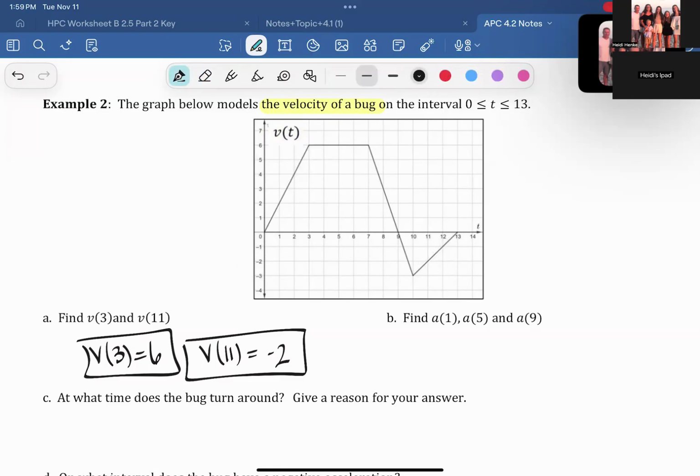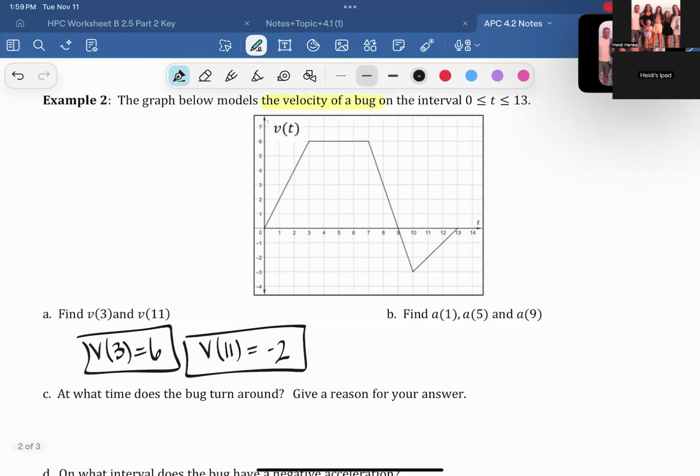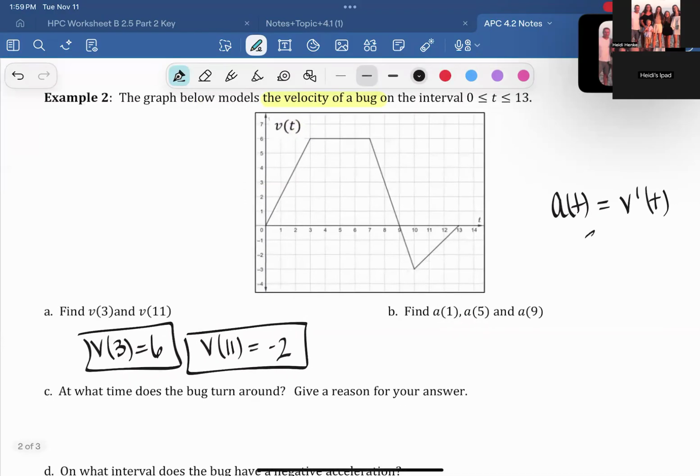Then on B, it asks us for acceleration. Remember, acceleration is the derivative of velocity. So if we're finding accelerations, that means we're looking for the slopes of velocity. Okay, so A of 1 means I am finding the slope when x is 1. So that's right here.